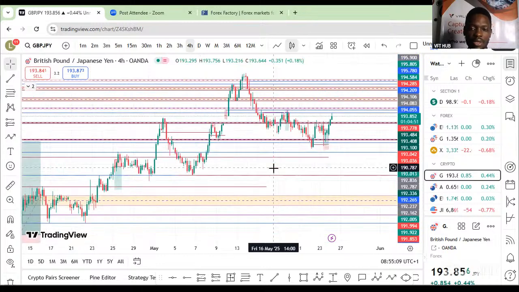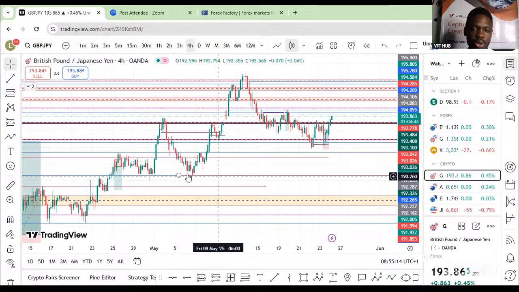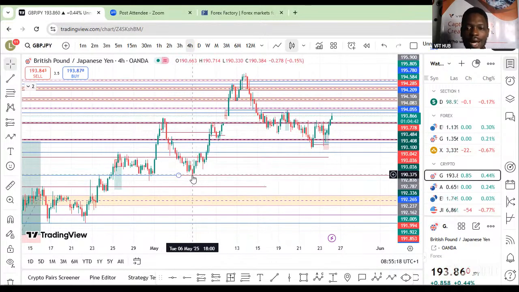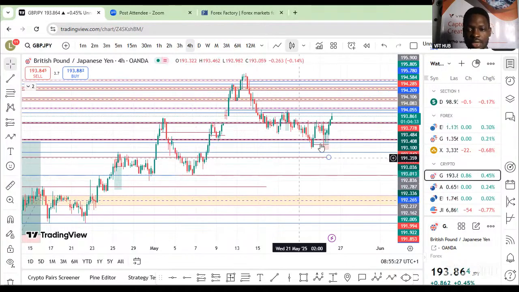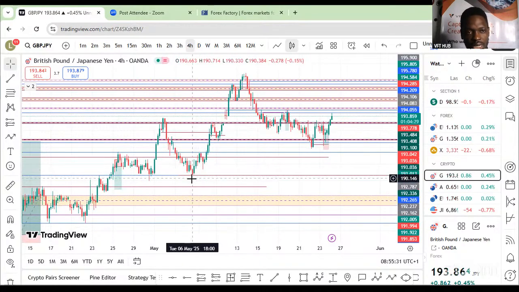If you look at the 4-hour time frame, remember last week we intended shorting it all through to this particular level. It was only on Friday that we see a buy price move. That was during the analysis of the New York session on Friday. That is when we see the buy move, which we took. And then if you look at it right now on the 4-hour time frame, we already see the sweep somewhere here.